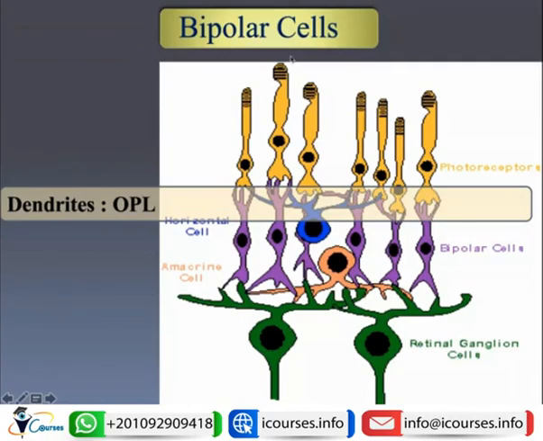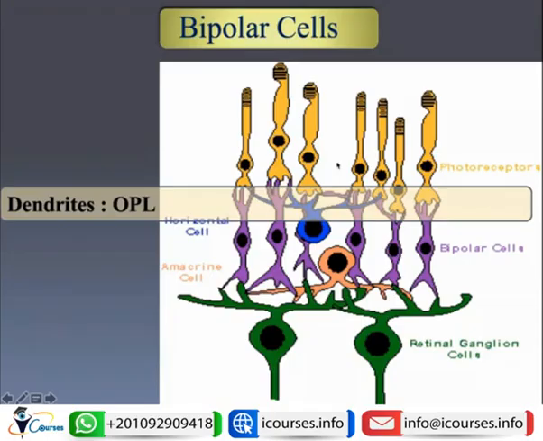So, what are the other cells in the retina, other than the retinal pigment epithelium? You only need to know the retinal pigment epithelium in such detail. For the other cells, it is just enough to know where the cells are located and where their dendrites or cell processes are located. So here we see that these are the photoreceptor cells.